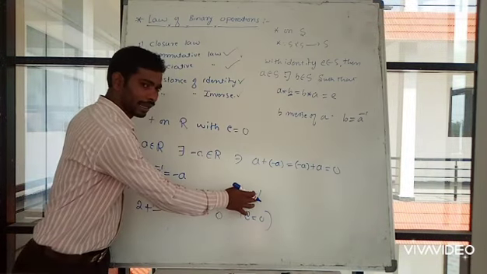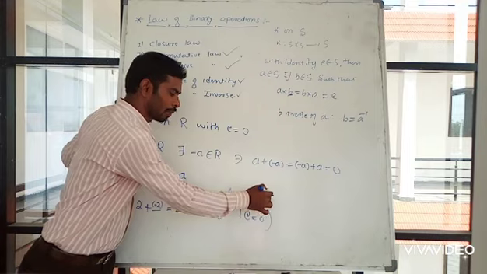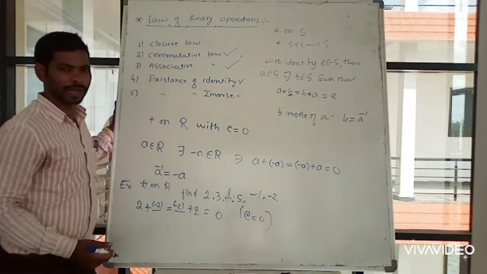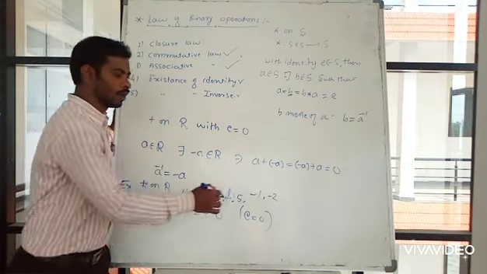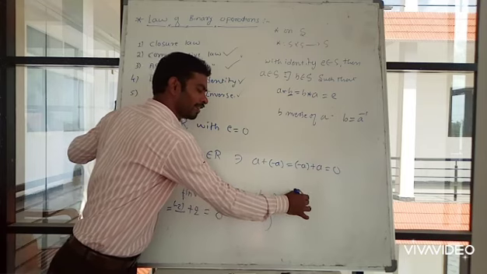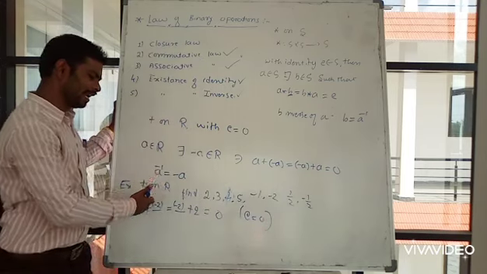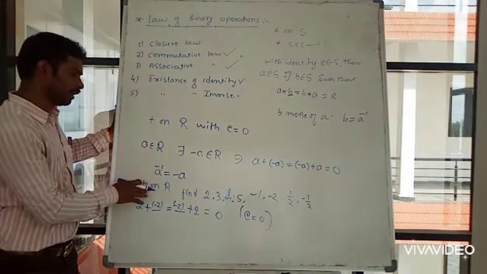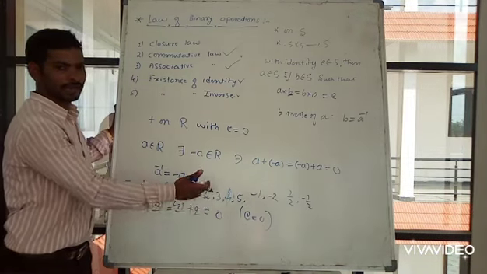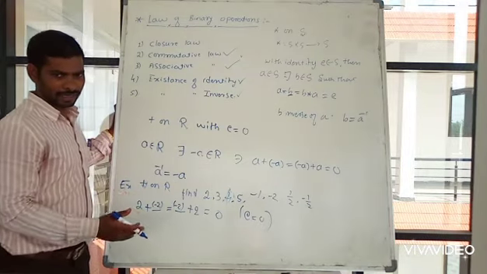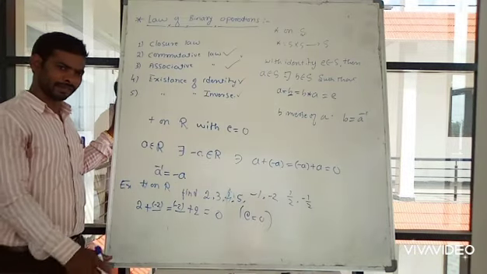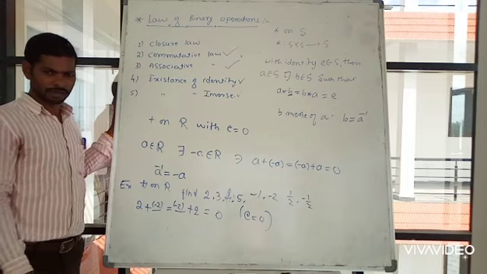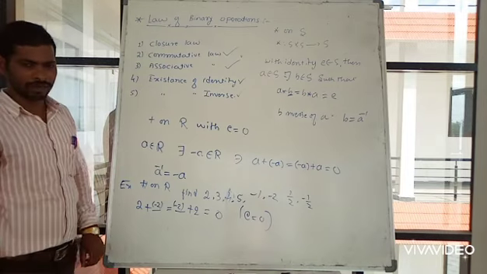Inverse of minus 1 is plus 1. Inverse of minus 2 is plus 2, and so on. Inverse of 1 by 2 is minus 1 by 2. For any real number under the binary operation addition, the inverse of that element is minus of the given real number. So this is the inverse.